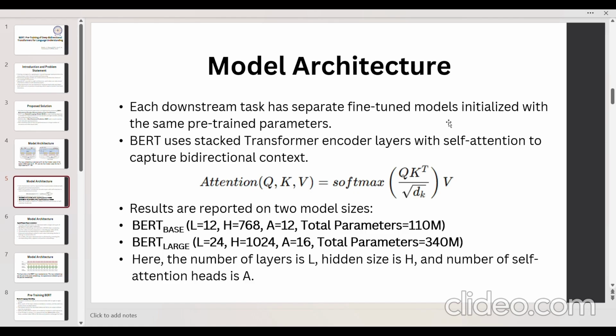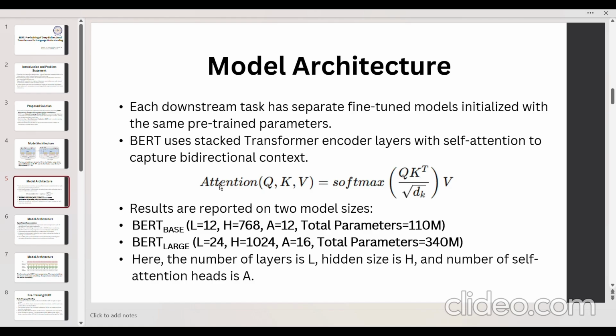Each downstream task has separate fine-tuned models, and these are initialized with the same pre-trained parameters. In the BERT architecture, a stack of transformer encoder layers is used with self-attention to capture the bidirectional context. BERT, unlike a normal encoder-decoder architecture, is an encoder-only model.